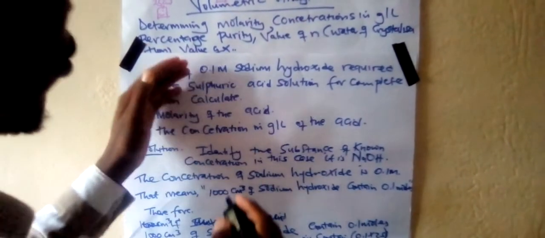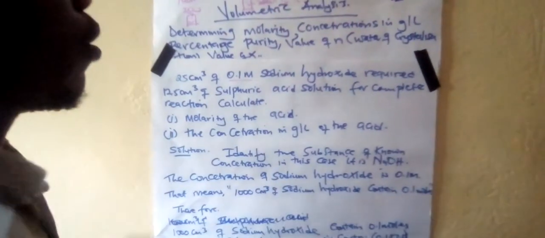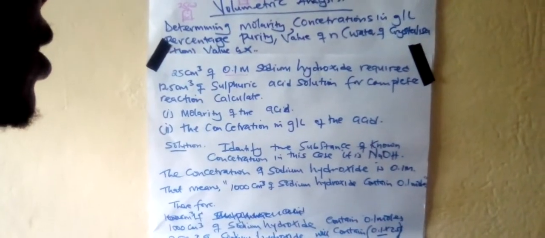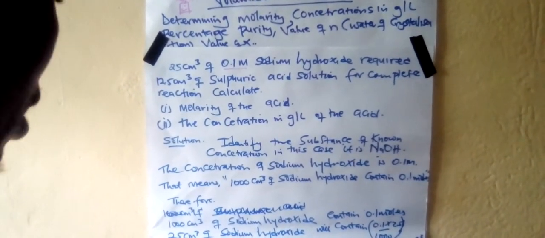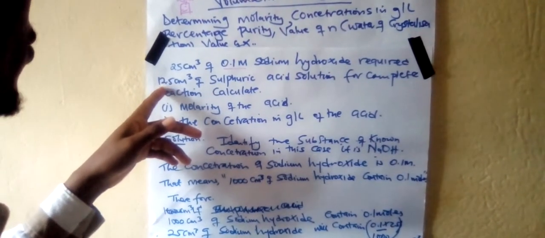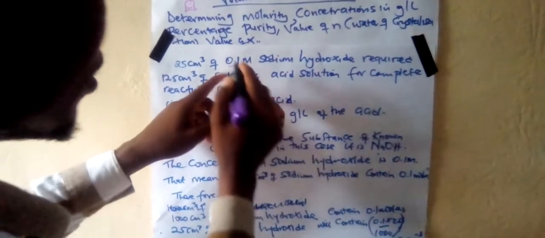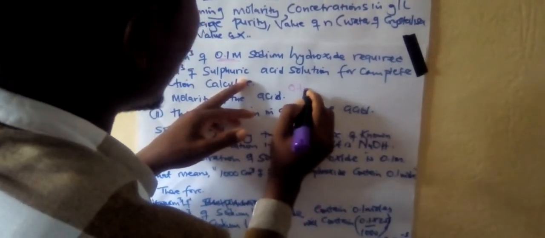When you are given such a question, you start from a point of known concentration. Now in this case we have 0.1 molar sodium hydroxide, and the sulfuric acid required 12.5.